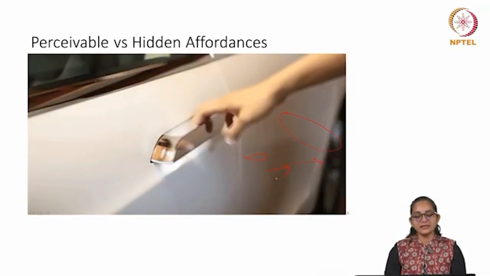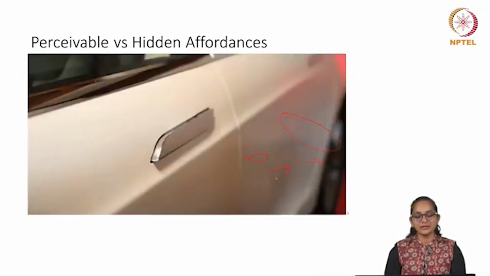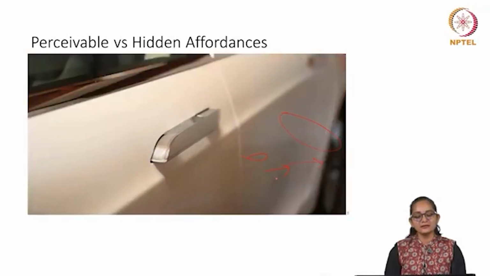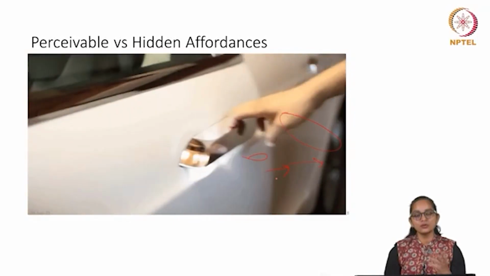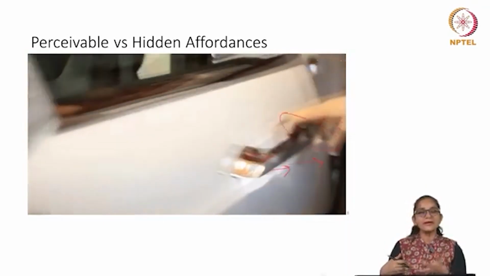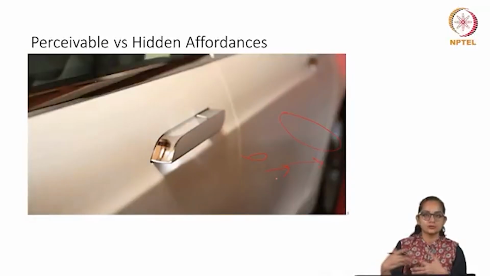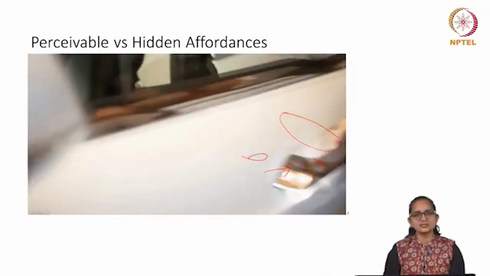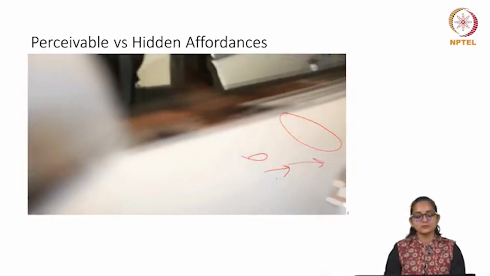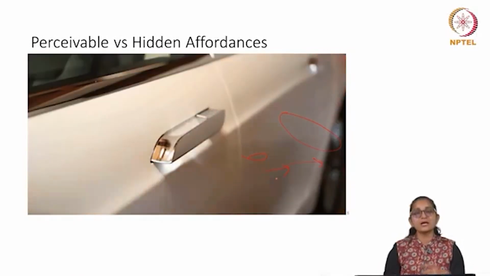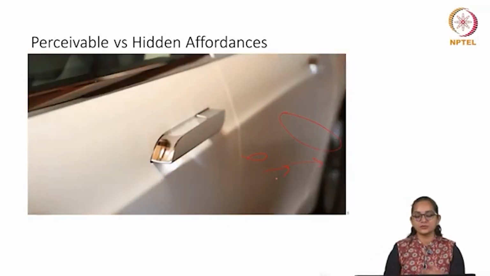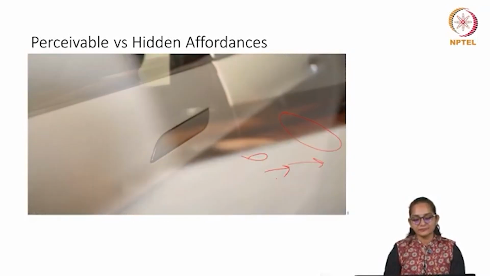So they redesigned after they saw a lot of complaints from the users. In the further models, as soon as the user would approach the car, the handle would automatically come out. That changed its affordance from a hidden to a perceivable affordance, without disturbing the aesthetic quality of the car which they wanted to have.